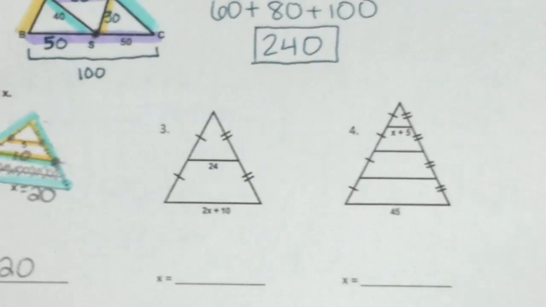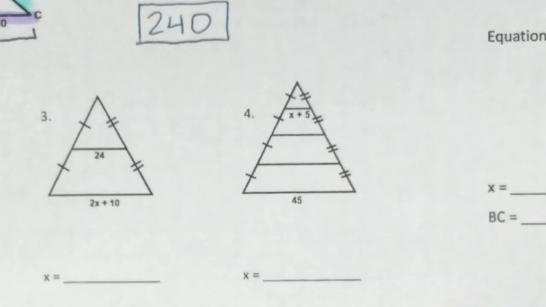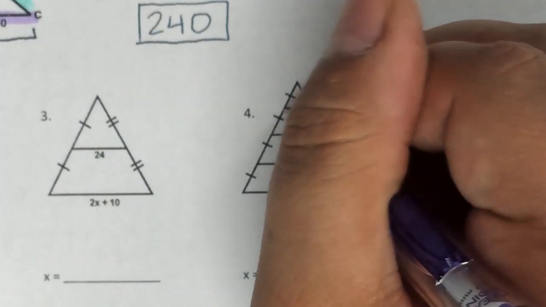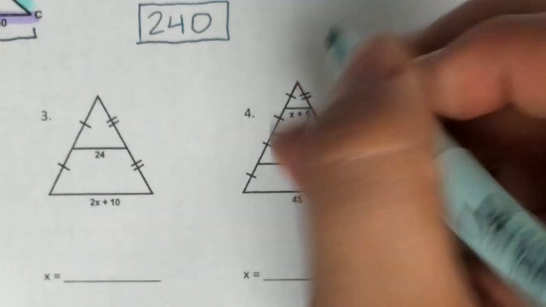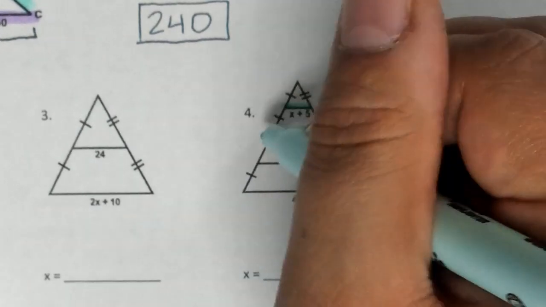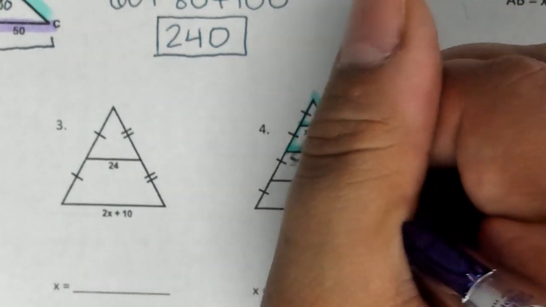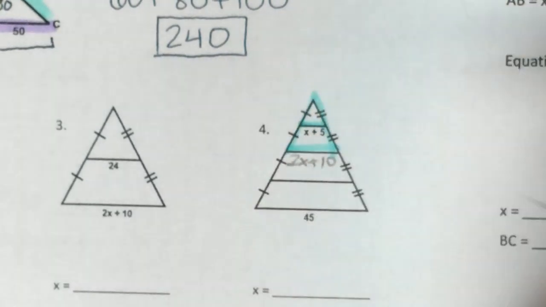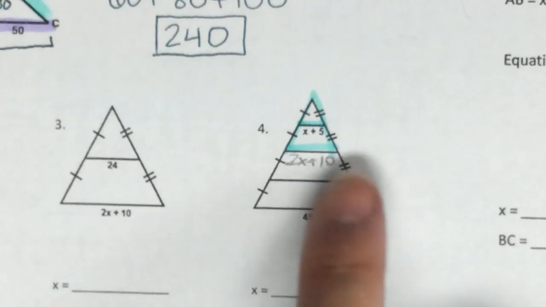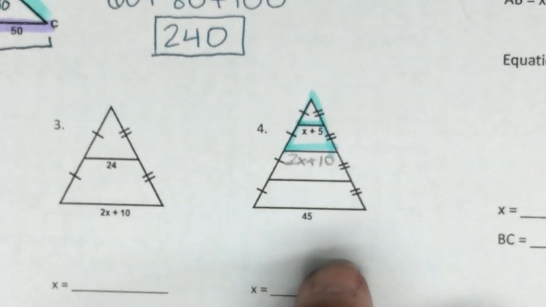I saw a bunch of y'all approaching this a bunch of different ways, which is great. But the most common mistake I saw is a lot of y'all did good. You said, okay, here's my mid-segment, and you did 2x plus 10. That's great. Multiply it by 2. However, a lot of you said 2x plus 10 equals 45. That's not true.